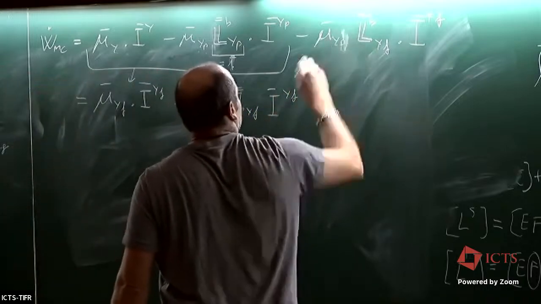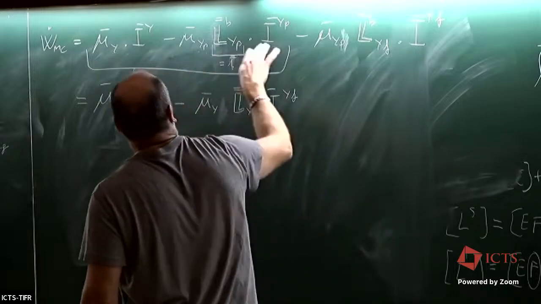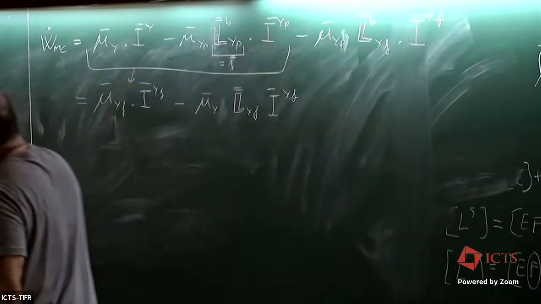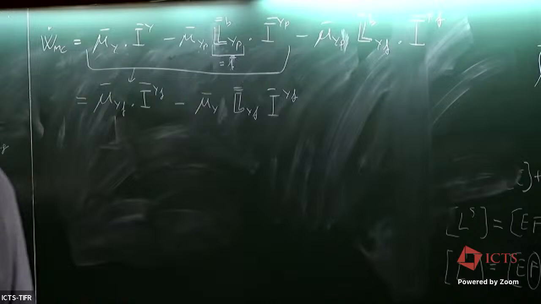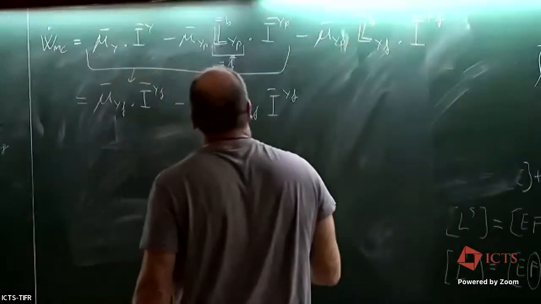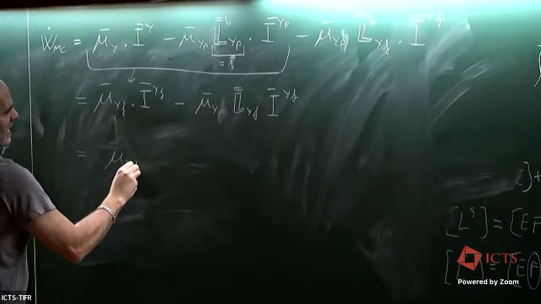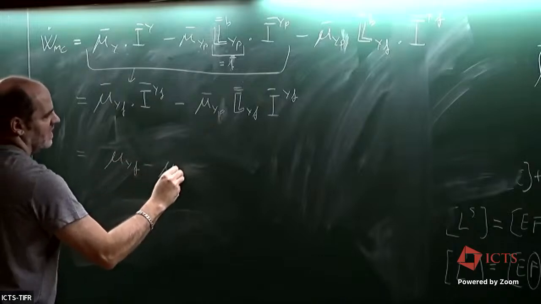Yes, thank you. Because it's only this that I'm splitting. This part is the sum, so this is YP. And now I simply can rewrite this as follows. YF minus YP.